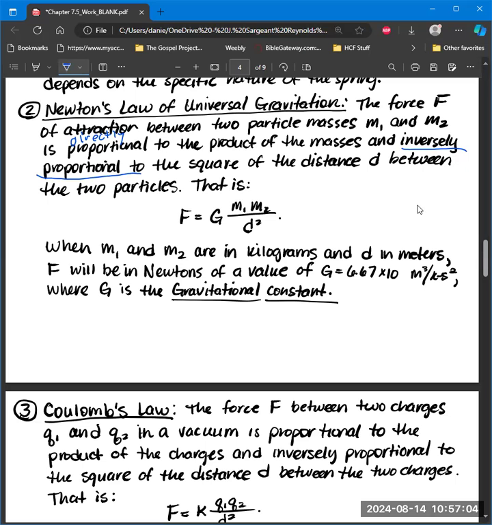We have this constant here. We normally would just call it k and solve for it, but we know what this gravitational constant is.